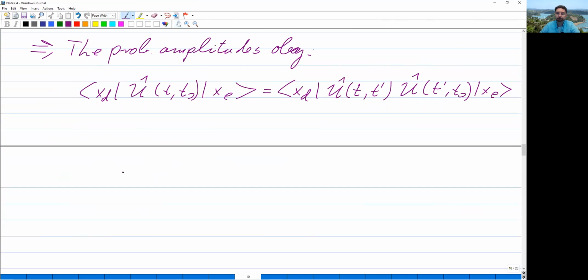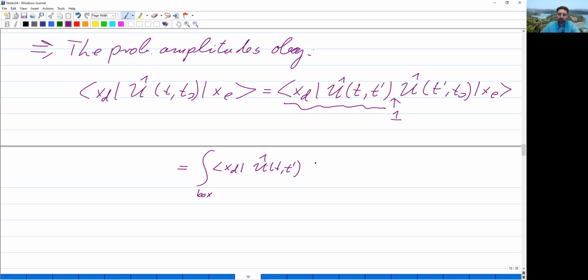So here we now insert a resolution of the identity in terms of the position eigenvectors. Then we find that this is equal to the integral over the box of ⟨xd| û(t, t prime), I'm just carrying forward what we had here, right?